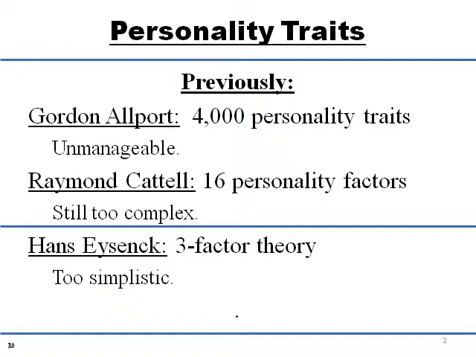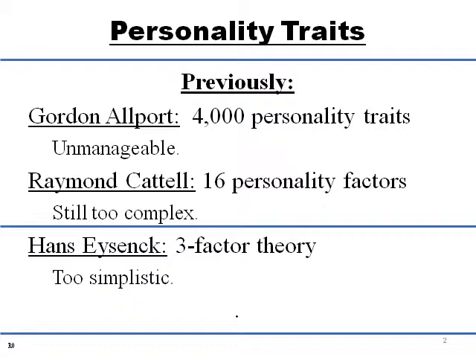And we're going to start with Gordon Allport, who in the 1930s was one of the founding fathers of personality psychology. He taught what was probably the first course in personality at Harvard. What he did is he went through the dictionary and found all the words that might apply to personality, and he came up with over 4,000 words.